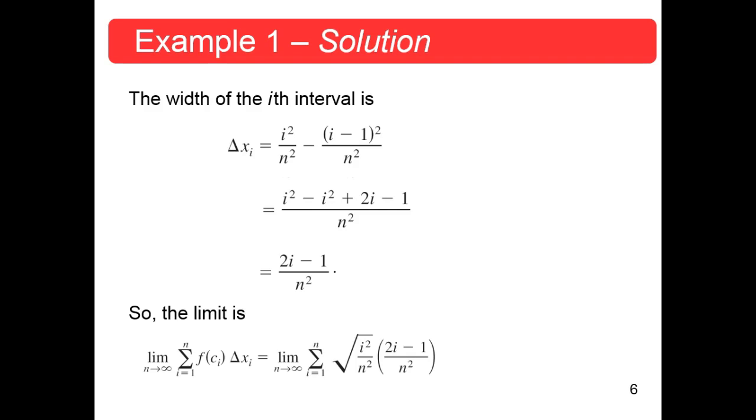Remember they said that early on. This is your delta i, which we just calculated here. And the square root, here's the advantage of choosing this, because the square root of i squared over n squared is just i over n. So clever of them to choose that one.